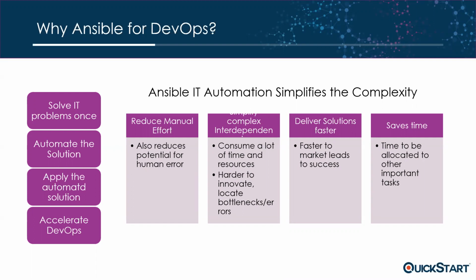So it also saves time, and the time that is saved can be allocated to other important tasks, like innovation, like the other activities that we mentioned before. So Ansible IT automation also accelerates business, not only technology.